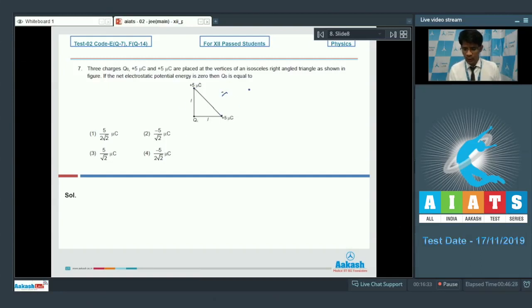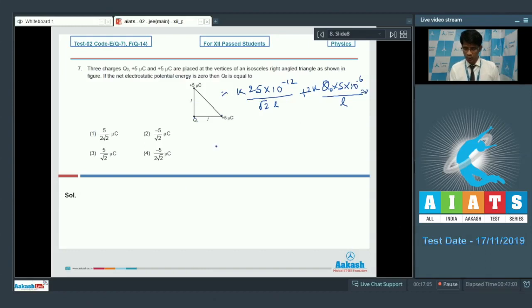For these two charges, it will be Q square, that is 25 into 10 power minus 12, divided by the distance, which would be root 2 L, plus the potential energy of these two combinations, which is Q0 into 5 into 10 power minus 6 into k, here the distance being L, and we have two different combinations, that means 2 here.